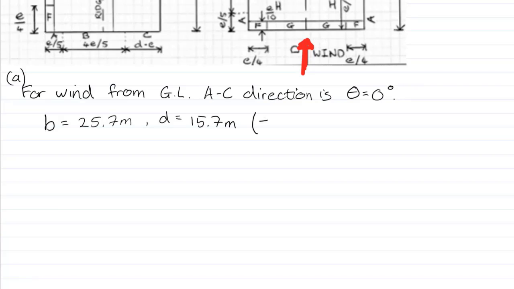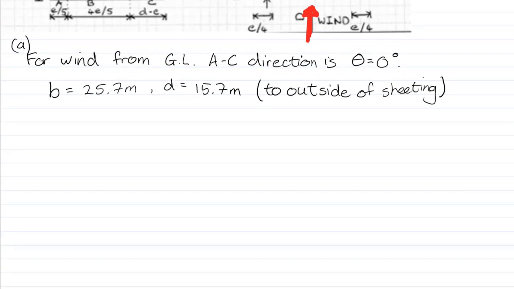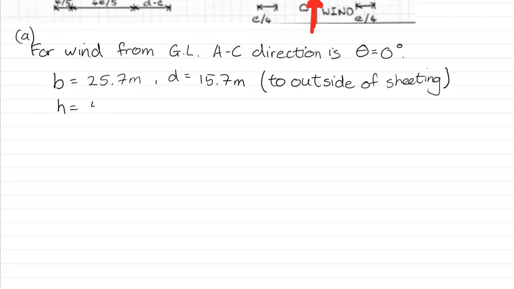This is to outside of sheeting. I've used the outside dimensions, although normally it's not going to make a big difference if you make it to the middle of the grid lines, but I've made it to the outside of sheeting. And then also the height of the building, 5.5 meters, as we looked at in the previous example.